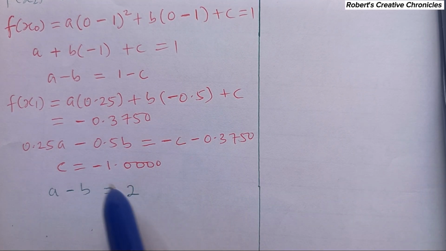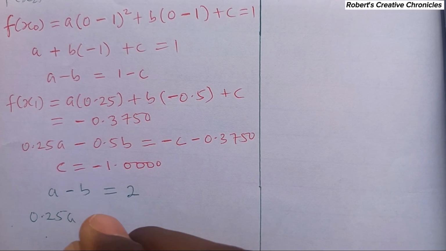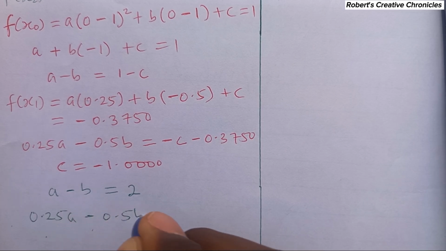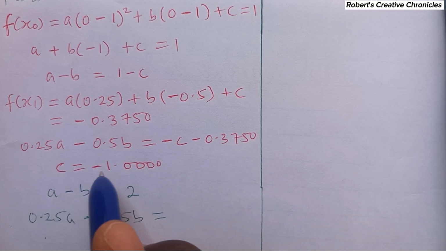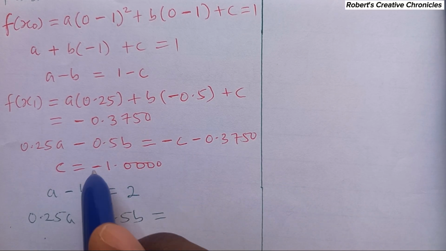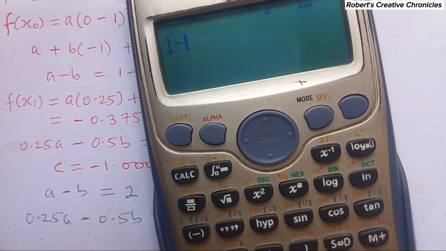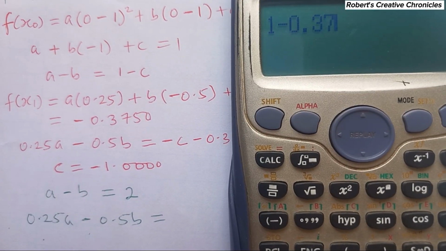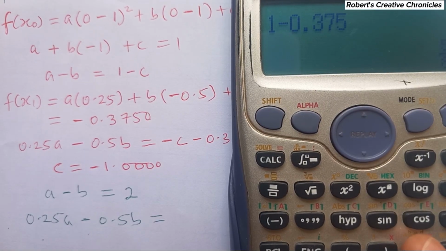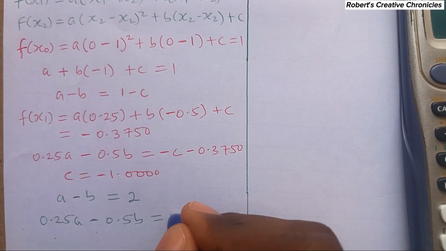Then this becomes 0.25a minus 0.5b is equal to minus this minus, so it will be minus c. Minus times minus is plus, so it's 1 minus 0.375, which is 0.625.